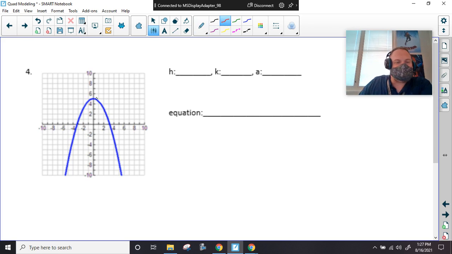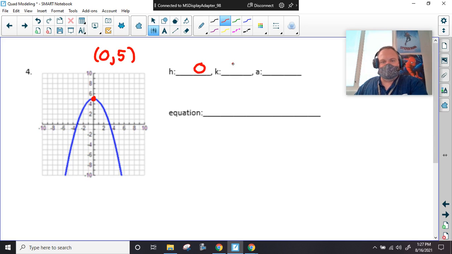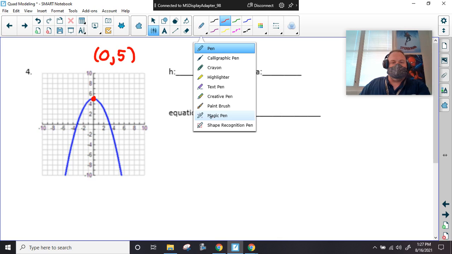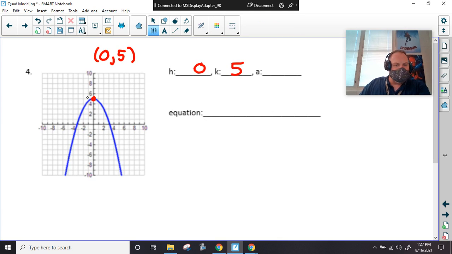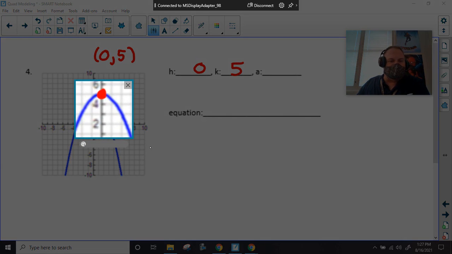Now, here is our vertex. This coordinate point is 0, 5. So our H is 0, our K is 5. Now, I don't know how well y'all can see it on your handout. I forgot my bifocals at home, so I'm going to zoom in to see if I can find this next point.